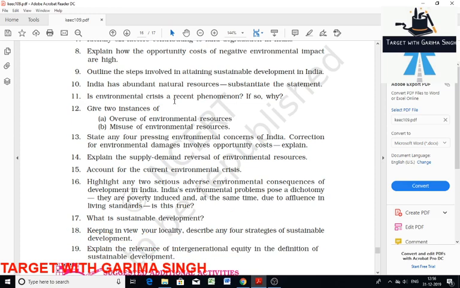Is the environmental crisis a recent phenomenon? If so, why? India is suffering from population explosion. India has approximately 20% of the world's livestock population on 2.5% of the world's geographical area.